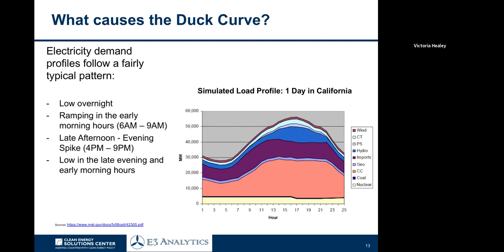profile. This shows a simulated load profile for California from the 2000s. And you can see here, this is fairly standard stuff. And here on the right, you can see the different fuel sources. So CC, which is the largest, and you can see here the one that's ramping the most, those are combined cycle gas turbines.